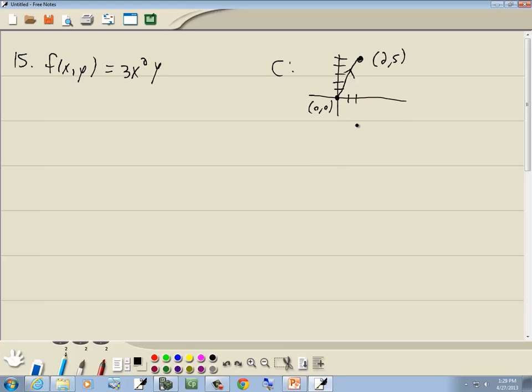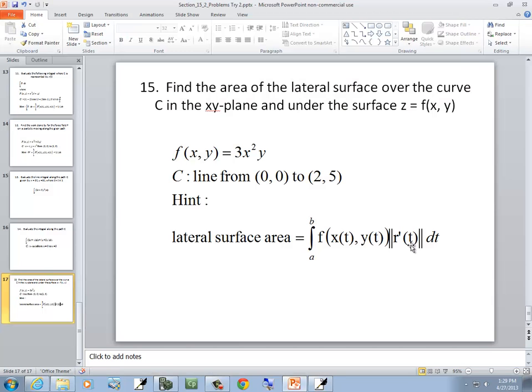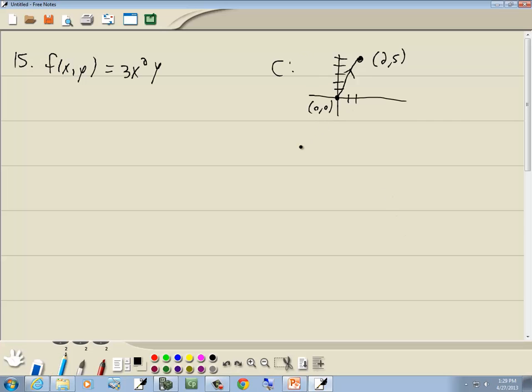Well, first thing we need is our r, because you can see from the formula we need r prime, so you need to find r. And so we're going to go from 0, 0 to 2, 5. And I think this one's fairly simple. X of t is equal to 2t, and y of t is equal to 5t, 0 to 1.